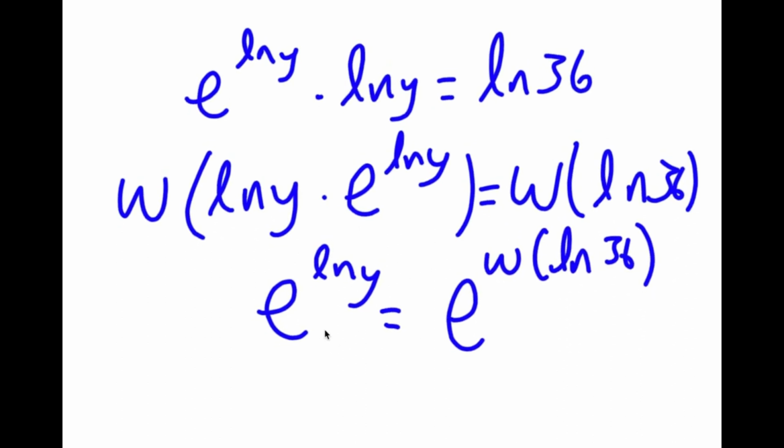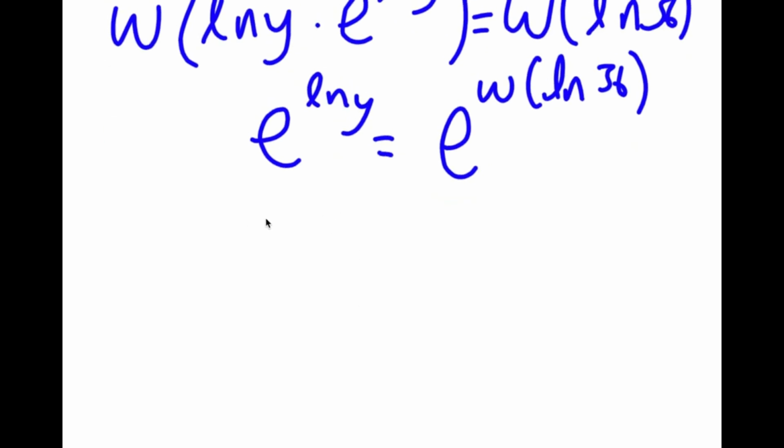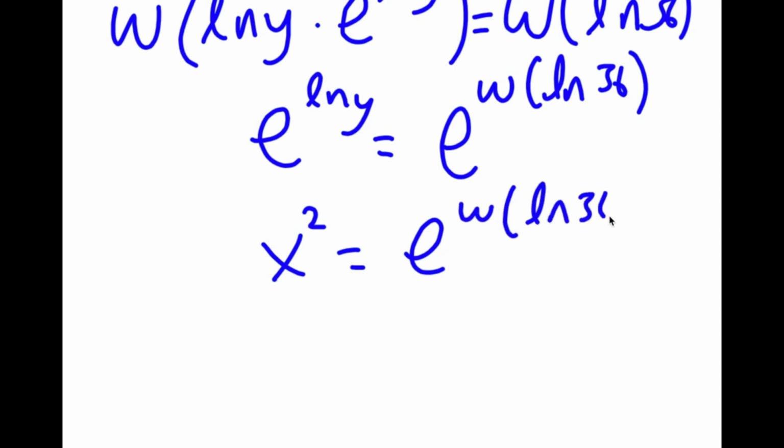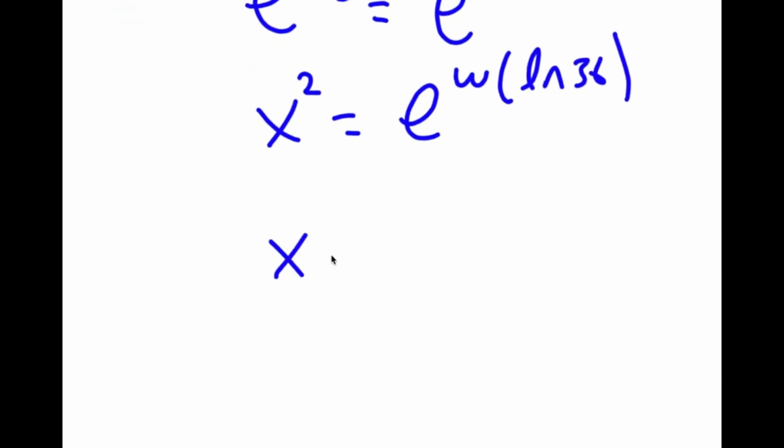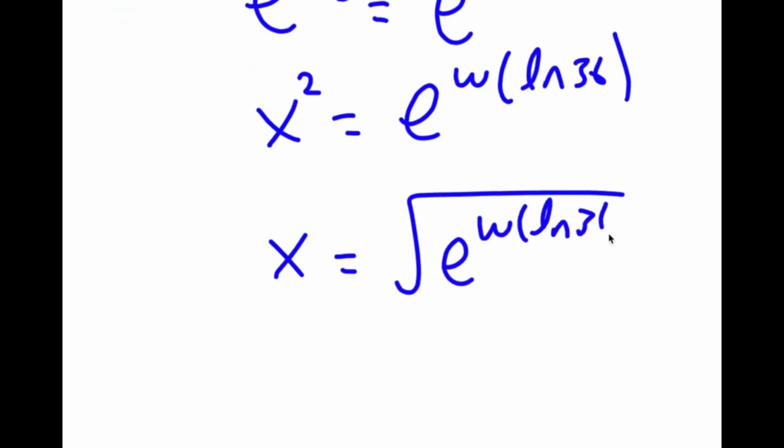And remember how we let y equal x squared. So now I have x squared is equal to e to the power of W of ln 36. If I take the square root on both sides, I get x is equal to the square root of e to the power of W of ln 36. And this is plus or minus.